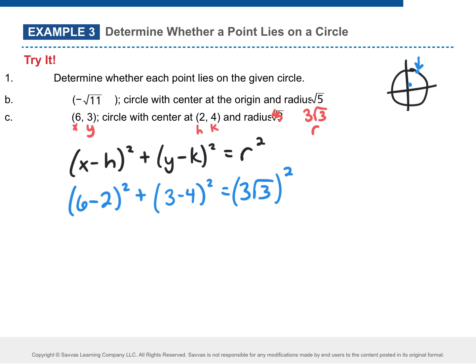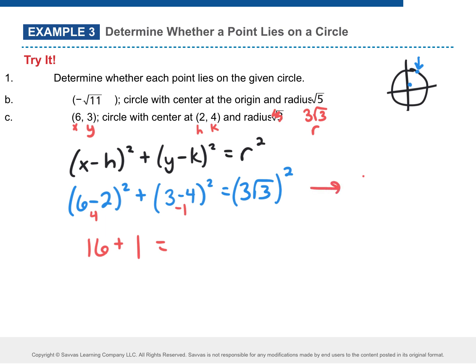Now it's just a matter of evaluating, okay? This is very similar to when we plugged in values for a squared plus b squared equals c squared. It's the same idea, okay? So 6 minus 2 is 4. 4 squared is 16. Plus 3 minus 4, negative 1 squared, 1. And then again, what happens to this thing?